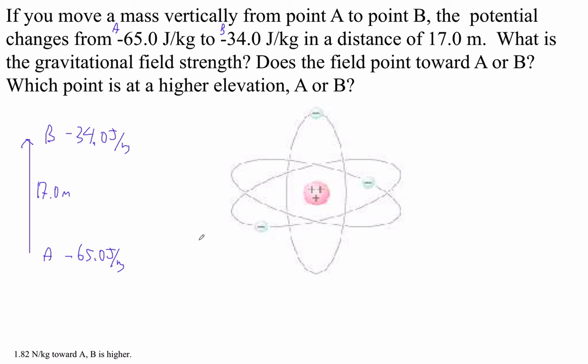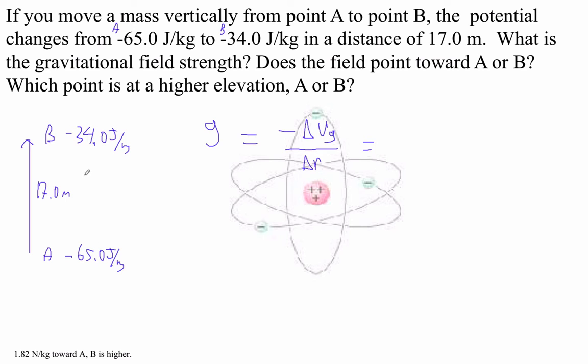Okay, so let's see. What is the gravitational field strength? Ooh, I can do that. G is equal to the opposite of the change in gravitational potential divided by the distance that you moved. So that is the opposite. The change in potential is positive something, I believe, because we go from this to this.